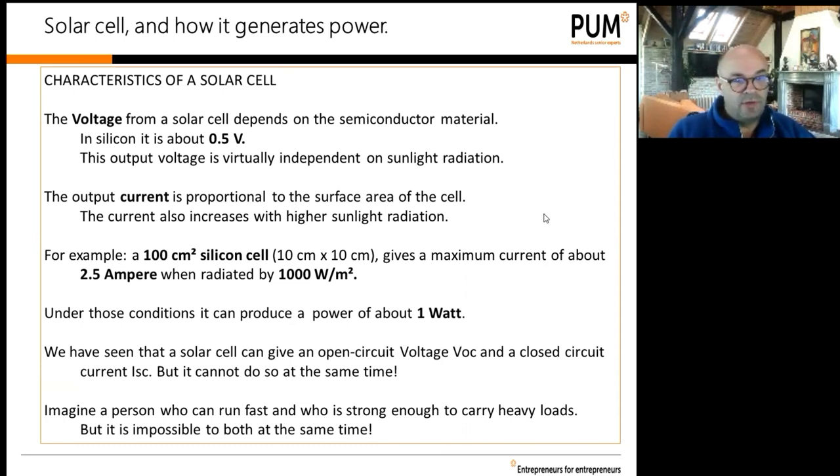So 2.5 amperes. And it will produce about 1 watt. So you can say that a solar cell of 10 by 10 centimeter produces about 1 watt. If you have 100 cells, it will produce about 100 watts.